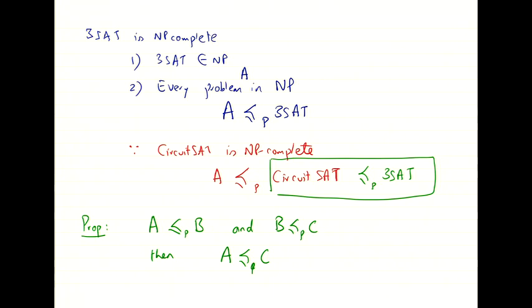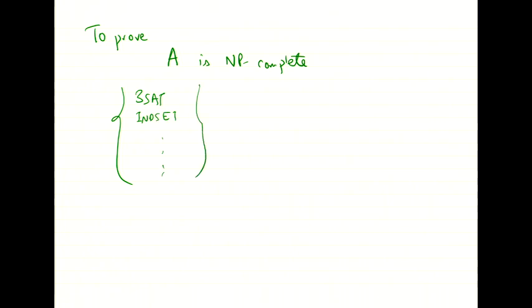So to prove that a problem A is NP complete, what you do is you pick your favorite NP complete problem, 3-SAT, independent set, the bunch of NP complete problems we'll see in the class, and then you prove that one of them reduces to A. So meaning A is harder than an NP complete problem.